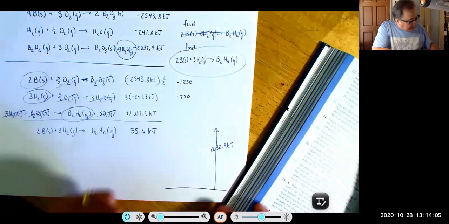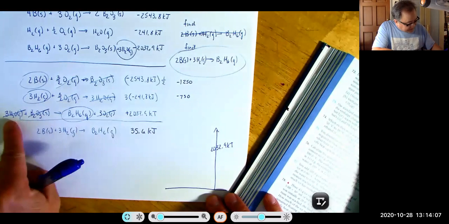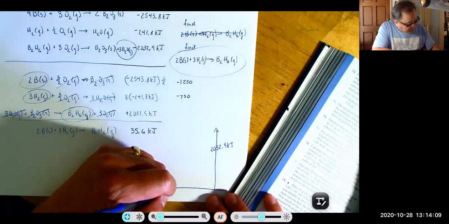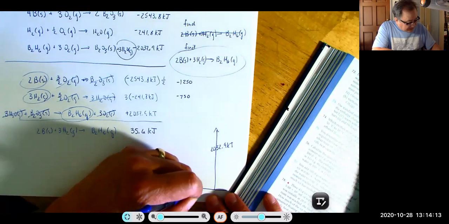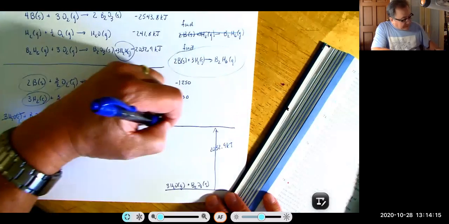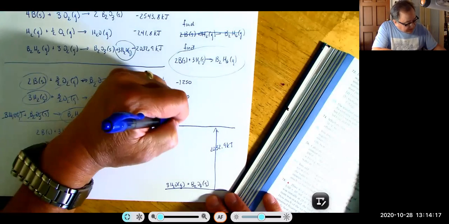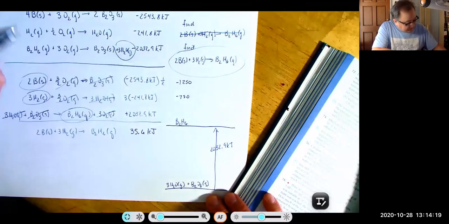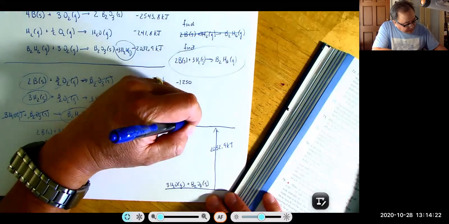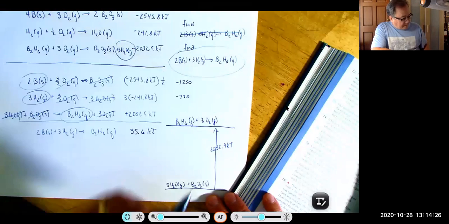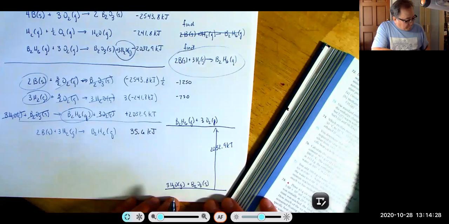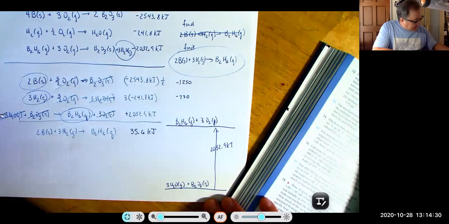And at the bottom of the arrow, I'm going to put 3H2O and B2O3 solid. And at the top of the arrow, I'm going to put B2H6 plus 3O2 gas. Okay, so I've got that one in.